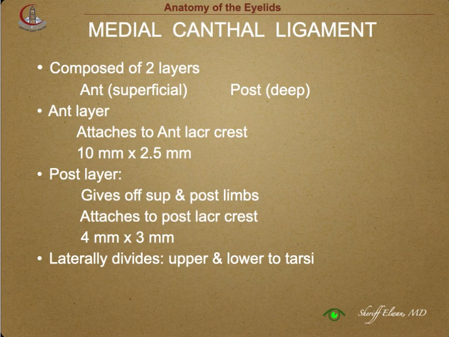The posterior layer gives off the superior and posterior limbs. We're going to see photos of this confusing structure that attach to the posterior lacrimal crest, and it is 4 millimeters in horizontal length by 3 millimeters in vertical width. And it laterally divides into the upper and lower parts that attach to the corresponding tarsus.